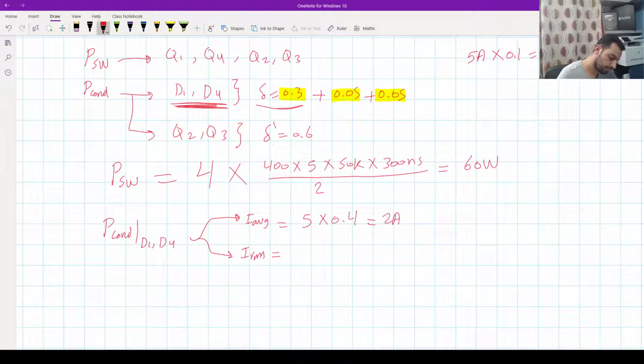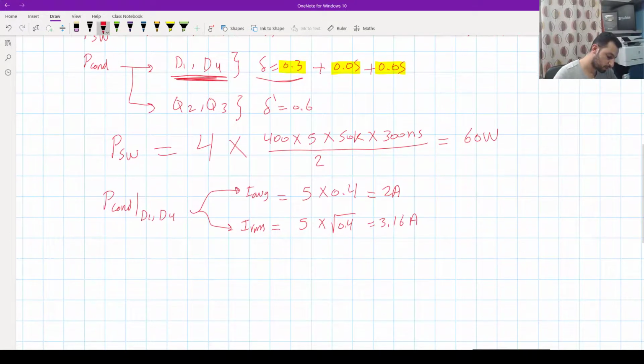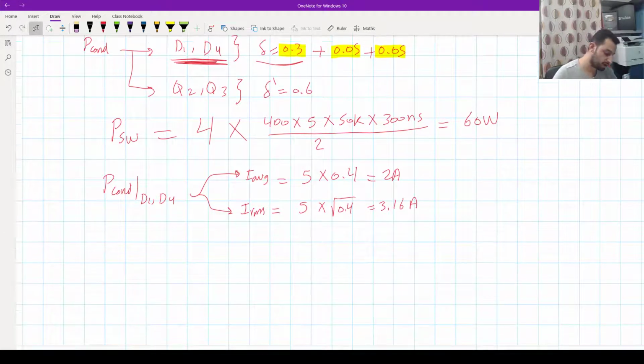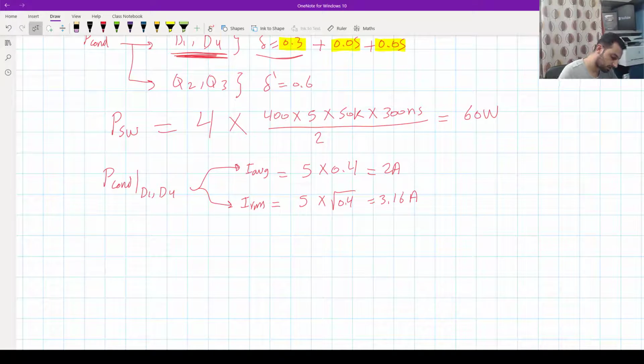Okay, and the RMS value is 5 times square root of the 40%. That will equal 3.16 ampere. Okay, so this is the conduction for D1 and D4, and we just calculated the average and RMS value. But for the conduction losses, it equals VF times I average plus RF times I RMS square.